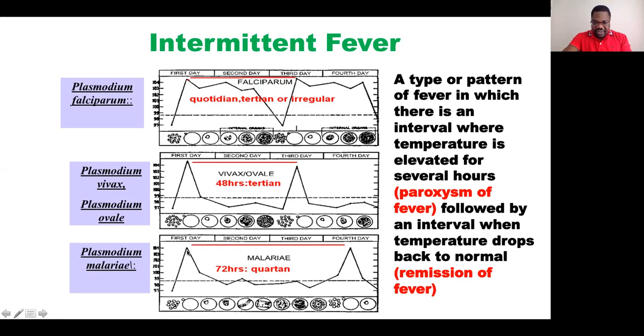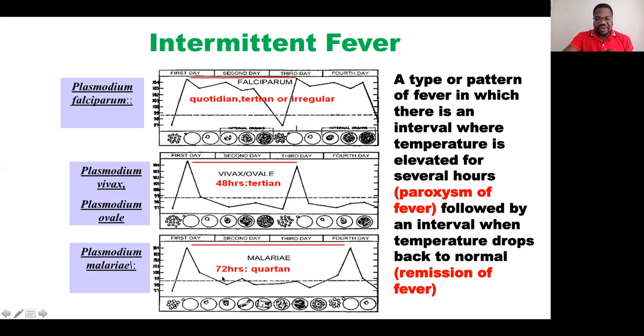Then after that, there will be a period of remission. So the temperature will come back to the normal level. On the temperature chart, this horizontal line is the normal temperature. Then the patient will stay without fever for a couple of hours, like in this case, 72 hours, if you are infected with Plasmodium malariae.